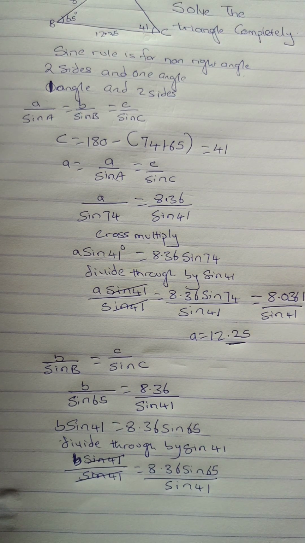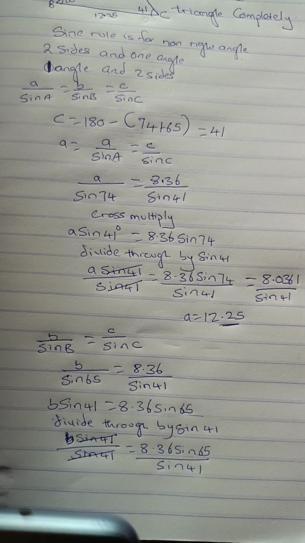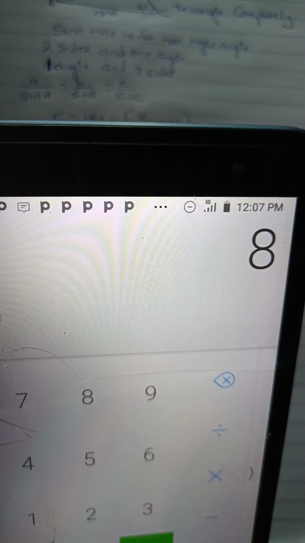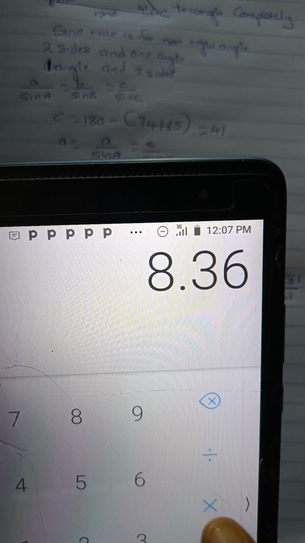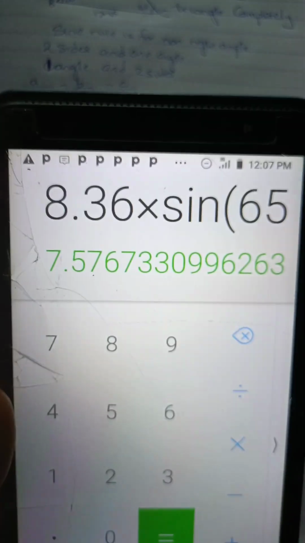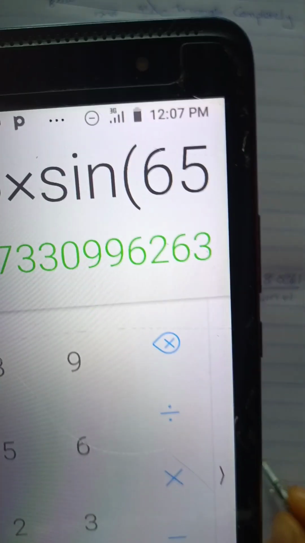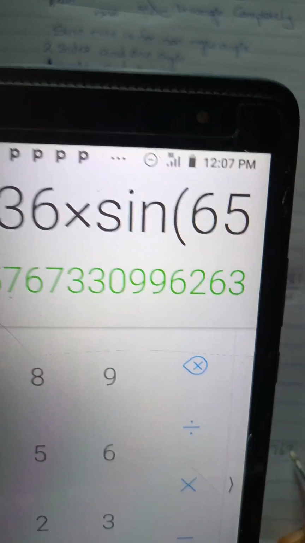So with our calculator again, we say 8.36 times sine 65, and we'll have 7.5767.